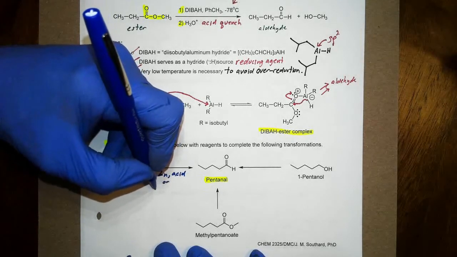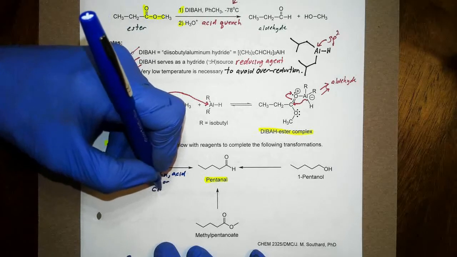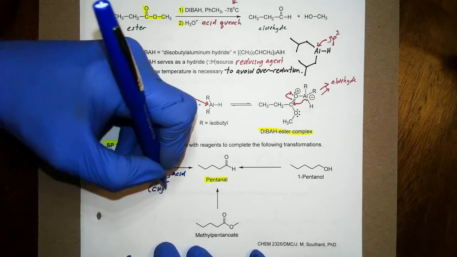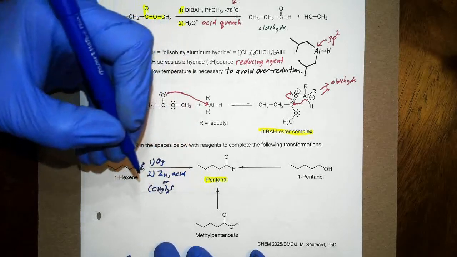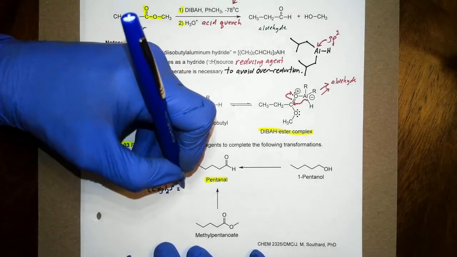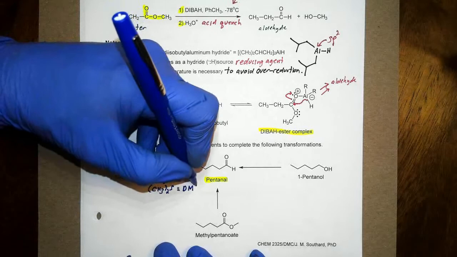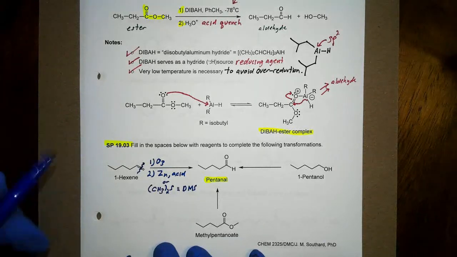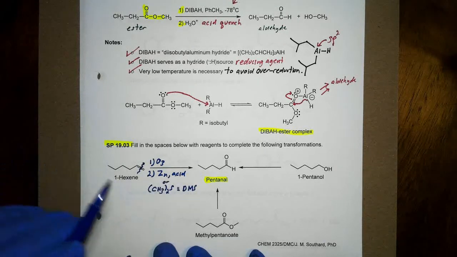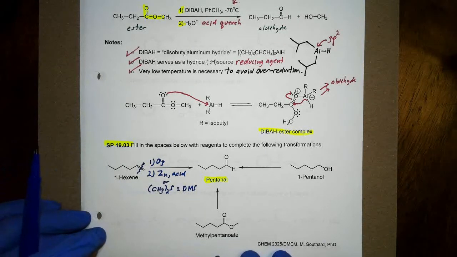Dimethyl sulfide is simply two methyls bonded to a sulfur, and it has the abbreviation DMS. It's really better than zinc and acid, but either way you get the same results. So that would result in the formation of pentanal as a major organic component.